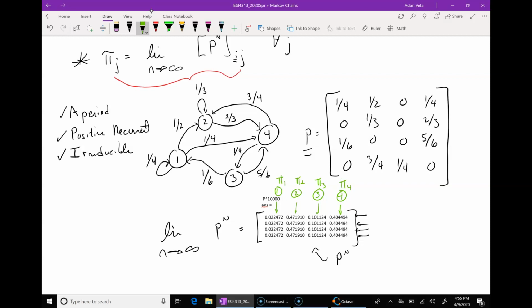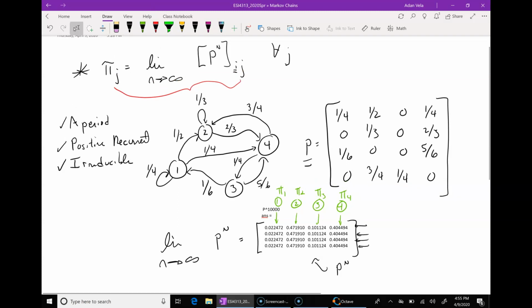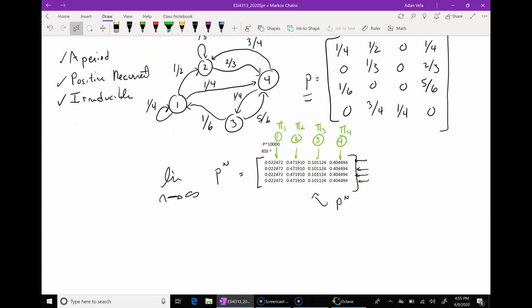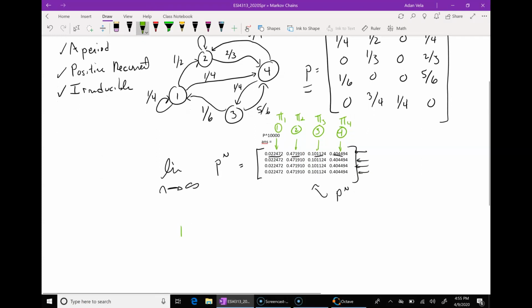So if I ask you, okay, here goes some diagram or a probability transition matrix. What's the steady state distribution? Well, you take p to this very large value, and then you tell me, well, what are these values? Okay, so you'd say pi, and again, we're just going to give pi as a vector.